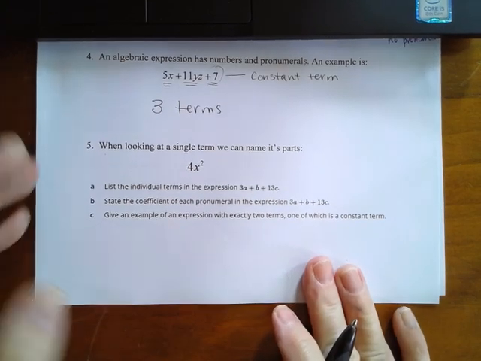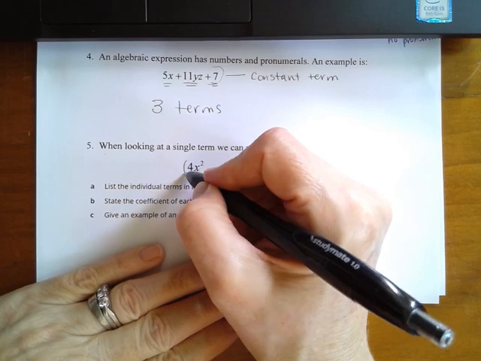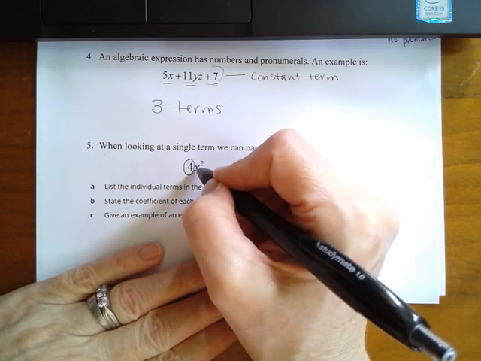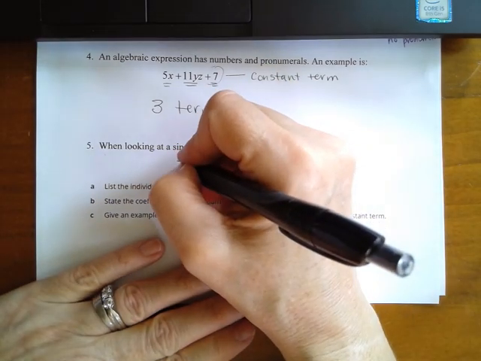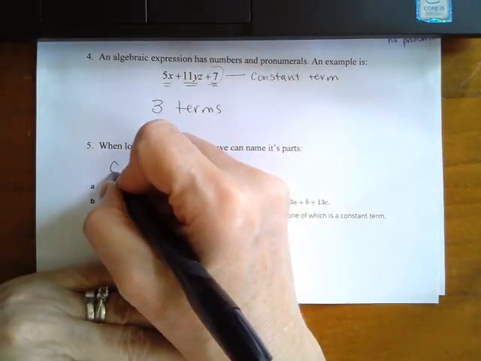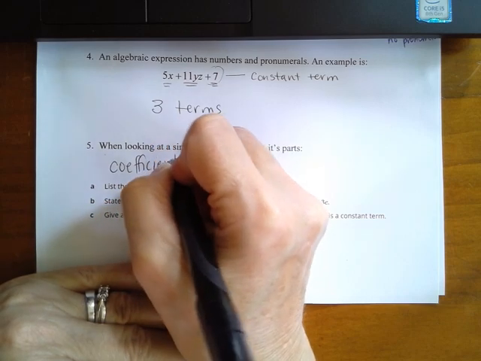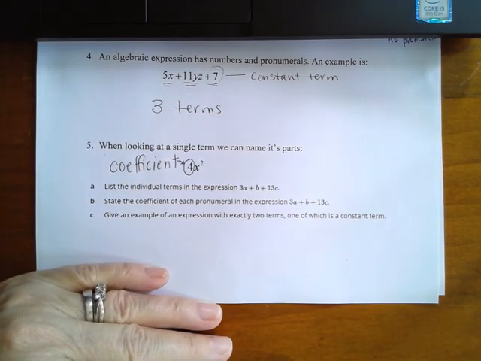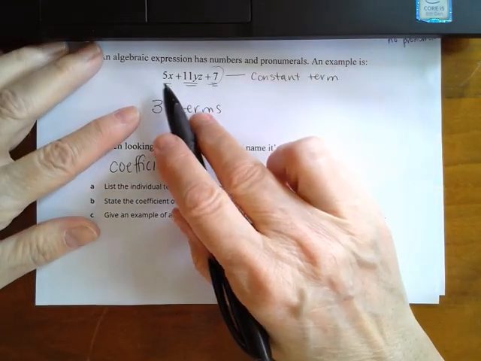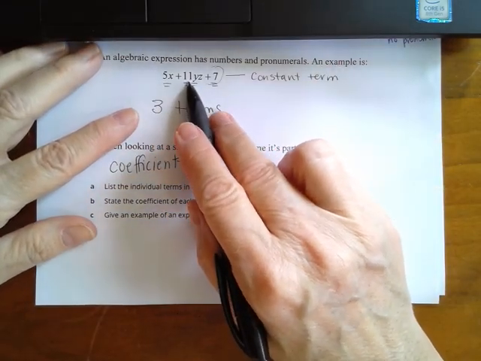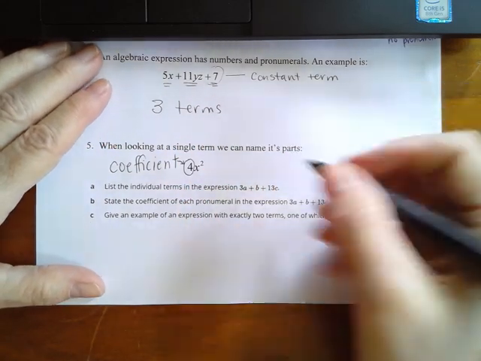All right. When we are looking at a single term, sometimes we can name its parts. When it has a number times the x, so it's just sitting outside, out in front, we call it the coefficient. Okay, the coefficient. It's the number that's multiplied by the letter. So in this one up here, 5 was a coefficient and 11 was a coefficient because they were the numbers that sat out the front.